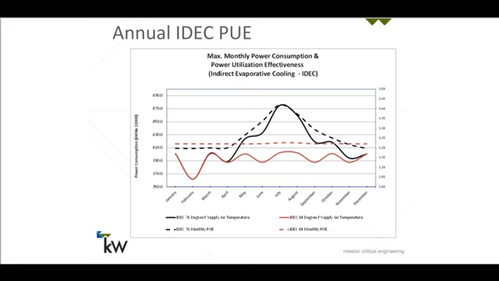If you move to an 84 degree supply air and still in the New Jersey area, you're moving that PUE efficiency to around 1.2. So you can certainly maintain under 1.3, and you can get yourself under 1.2 and still maintain well within the ASHRAE A1 recommended range.